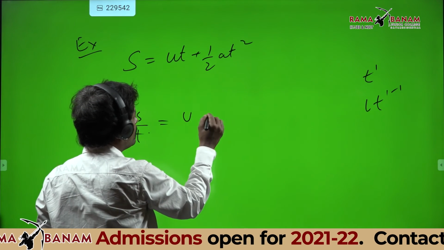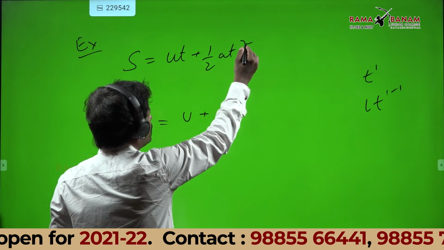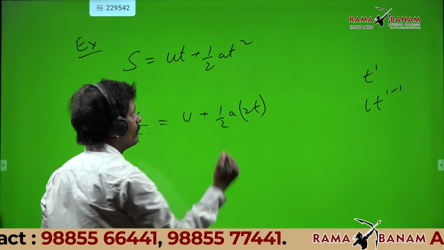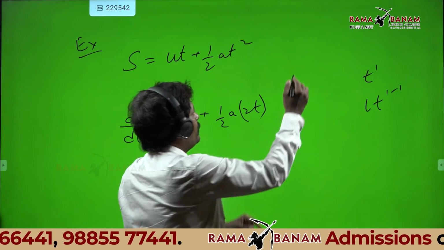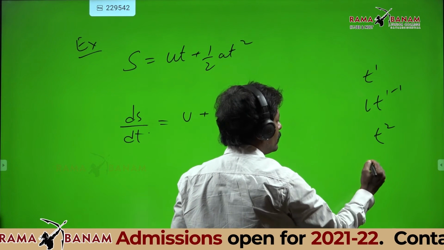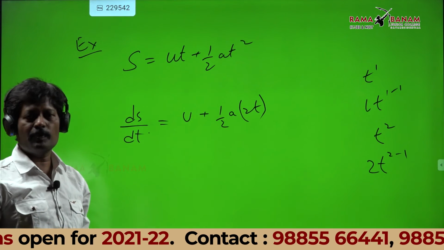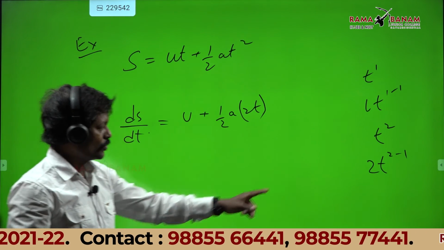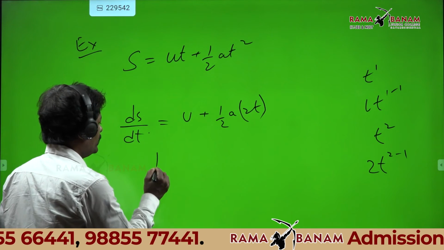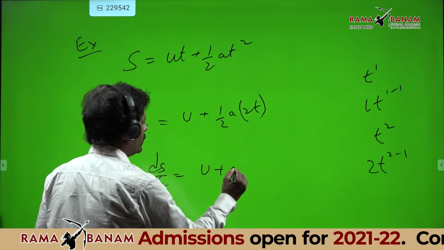Plus, a is a constant, and the derivative of t square is 2t. Whenever you have a power, bring the power to the side: n x power n minus 1. So 2t power 2 minus 1 is 2t. So ds by dt is u plus at.